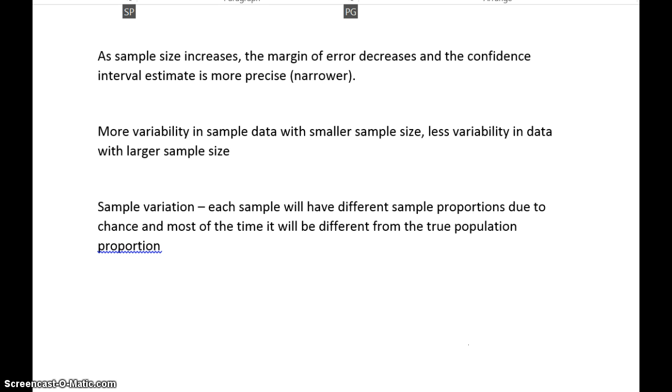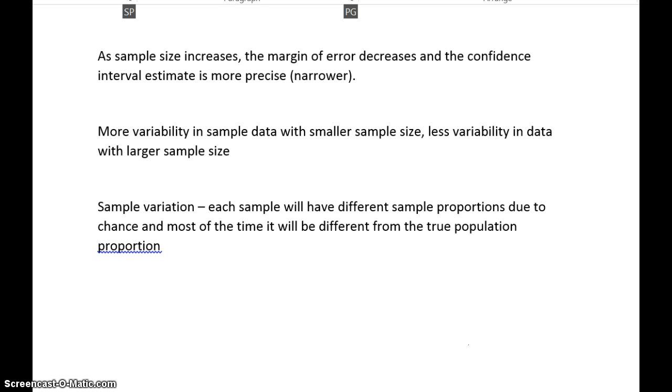Now, where would you get more variability in your sample data? Well, if you have a small sample size, then you're going to have more potential variability in your P hat values. When you have a larger sample size, you're going to tend to have less variability in your P hat values.